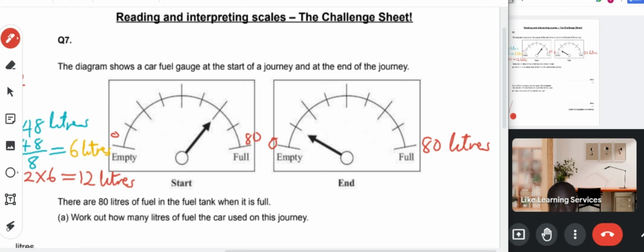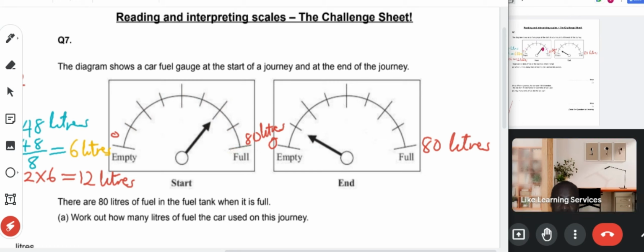What is the value here, where I'm pointing, when the journey started? You can count the number of divisions: 1, 2, 3, 4, 5, 6, 7, 8. 8 divisions is 80 liters.